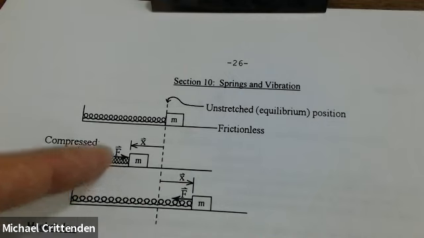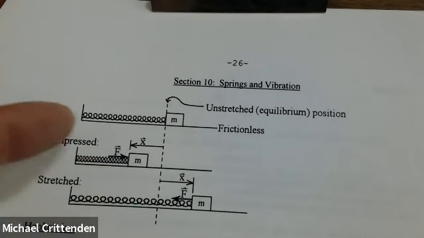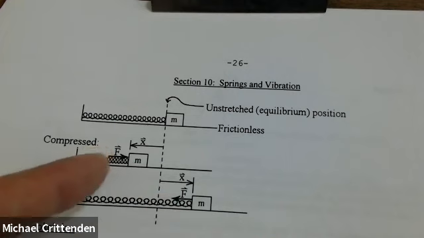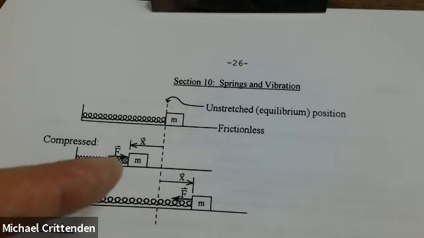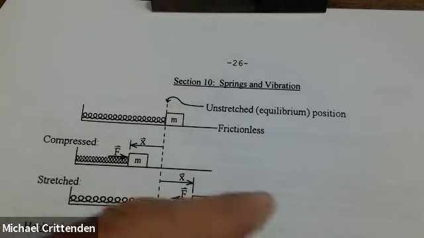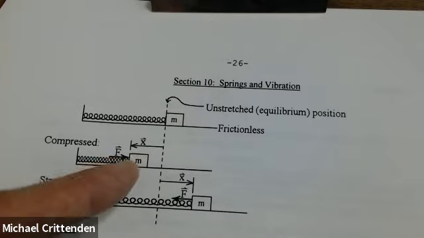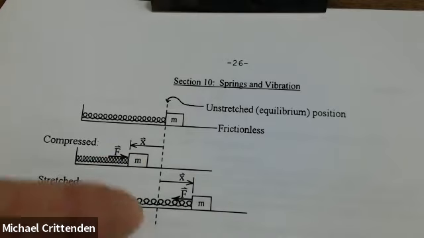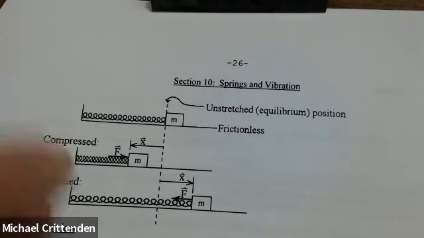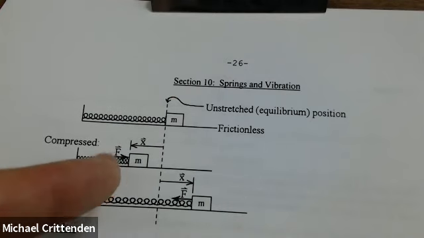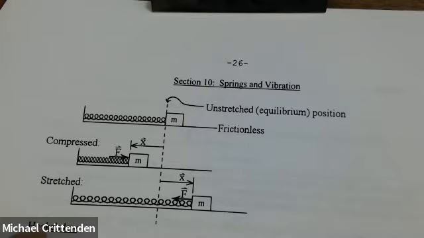And so whether this is a spring or a rubber band or whatever it is that's getting stretched or compressed, it provides what's sometimes called a restoring force, because no matter what you do, it tries to restore the mass back to the equilibrium position. This restoring force is given by an expression called Hooke's law.